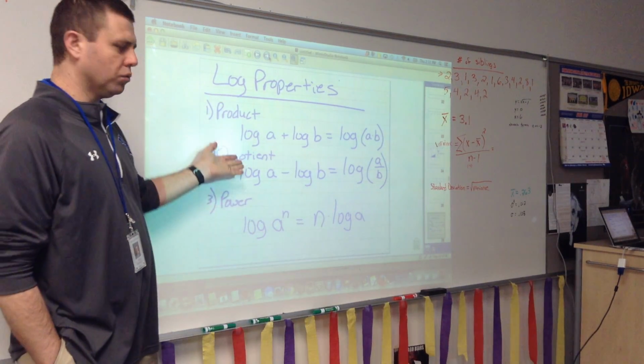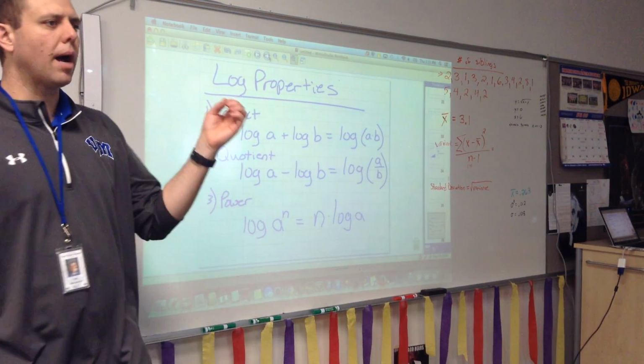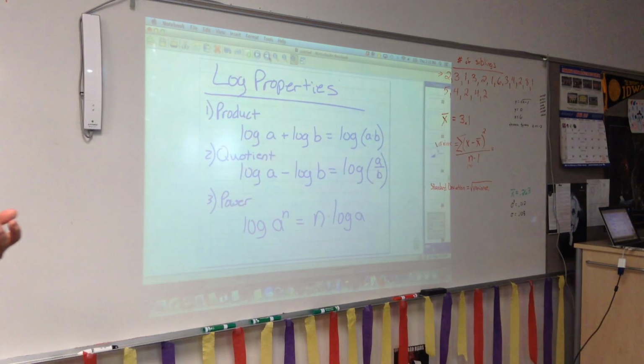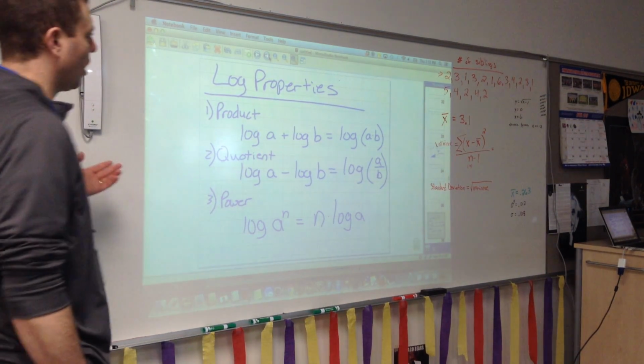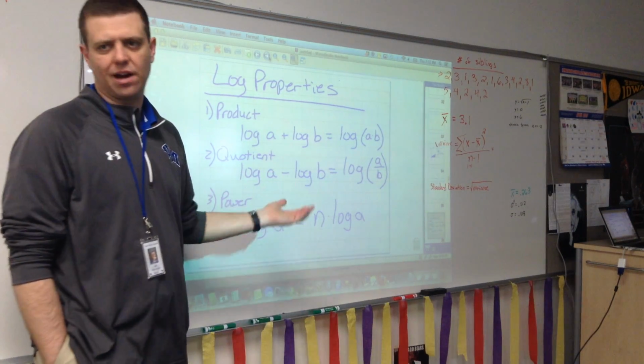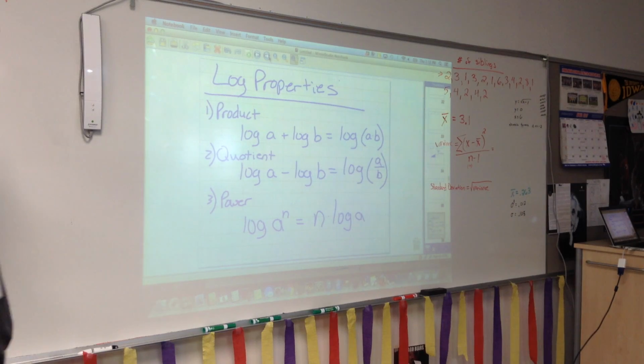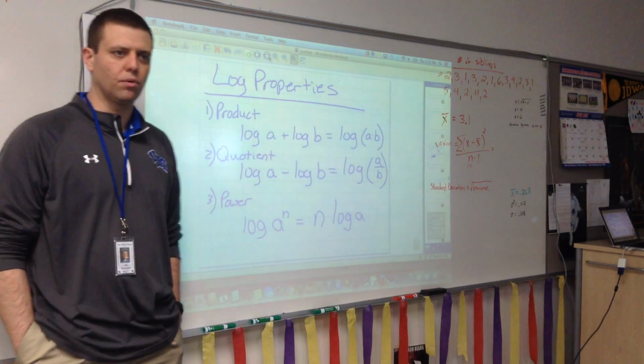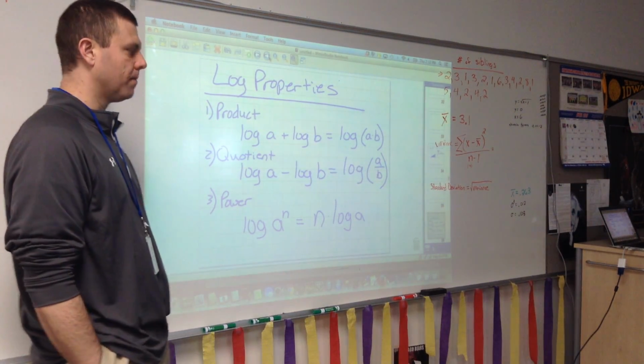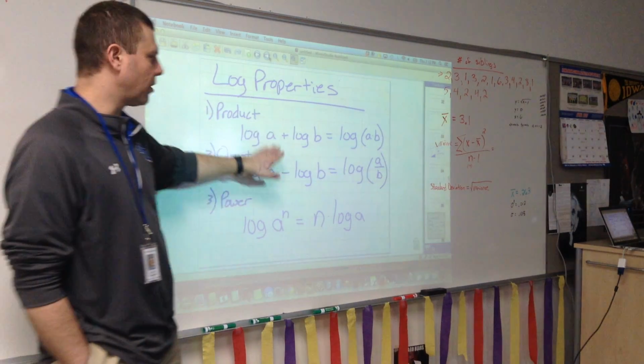So all of these properties should make sense to you because they're really just following all of your exponent rules, because logarithms are exponents and therefore they follow exponent rules. That is definitely something you would want to be able to explain at some point in time. Why these properties are true.